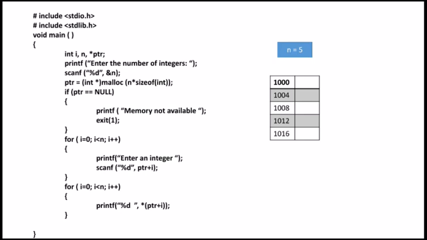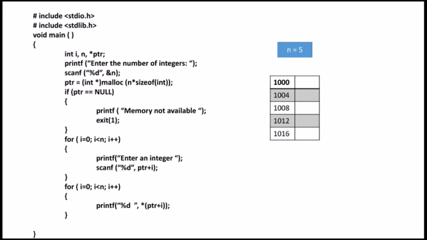This condition becomes true, so we will enter the second number. Here ptr plus i means 1000 plus 1, and the data type, that is integer, requires 4 bytes, so actually it is 1000 plus 4. So at 1004, on that address, the next value will be inserted.